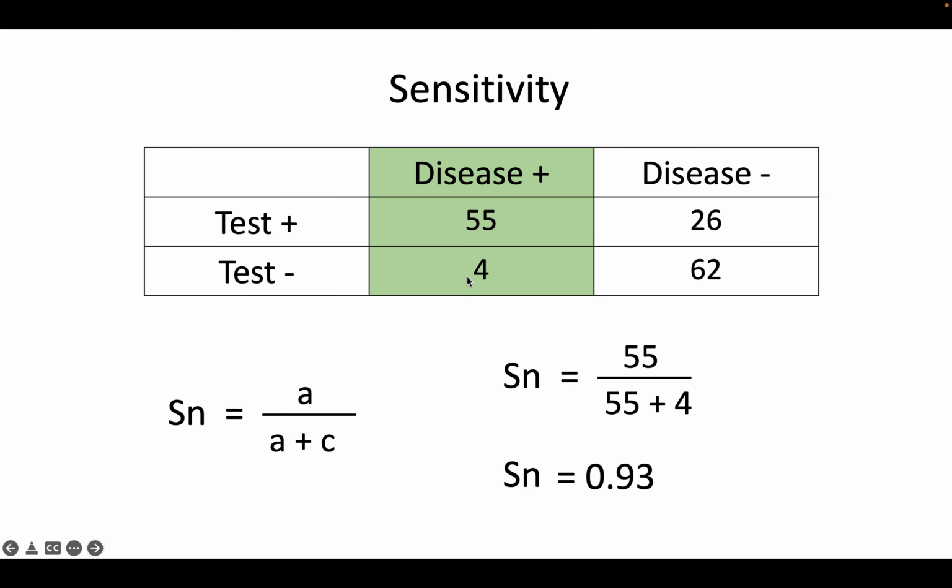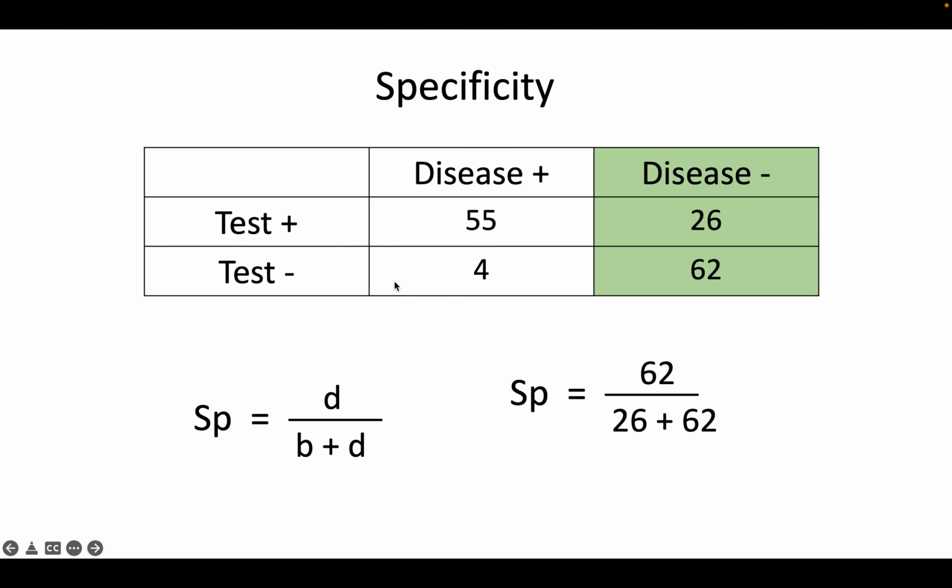So it got 93% of the truly diseased population. Specificity is D over B plus D. So the number that we tested as disease negative and got right, over the population that is truly disease negative. And that comes out to 70%, so not great specificity.